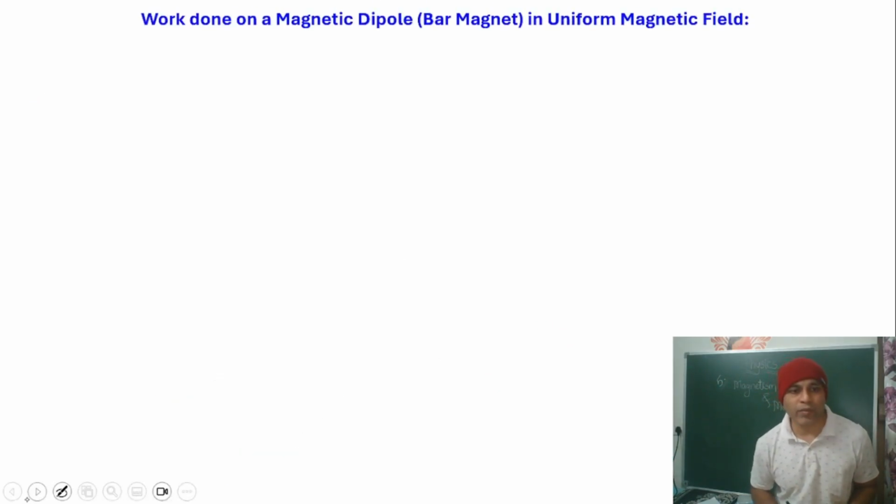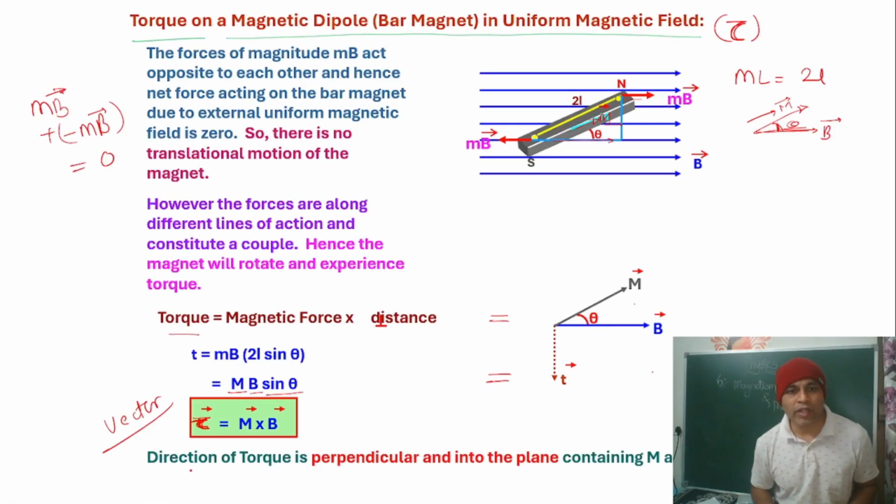Whenever the magnet rotates like this, the direction passes perpendicular, inside the magnet.